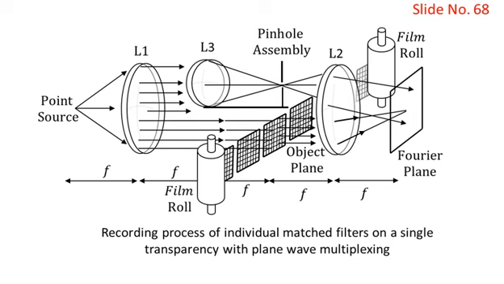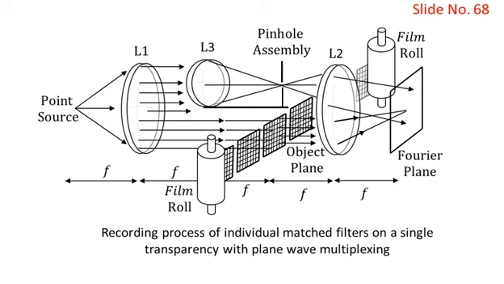So we have the Fourier transform of the object appearing at the back focal plane of the lens L2, and the plane wave coming from the lens L2 is also incident together. These two waves, the plane wave and the Fourier transform of the object, will interfere with each other, and one matched filter is recorded.